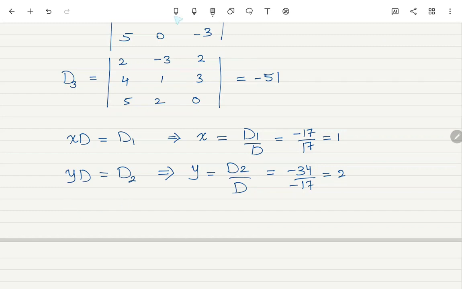And zD equals D3, so z equals D3 over D, or minus 51 over minus 17. In other words, it's equal to 3.